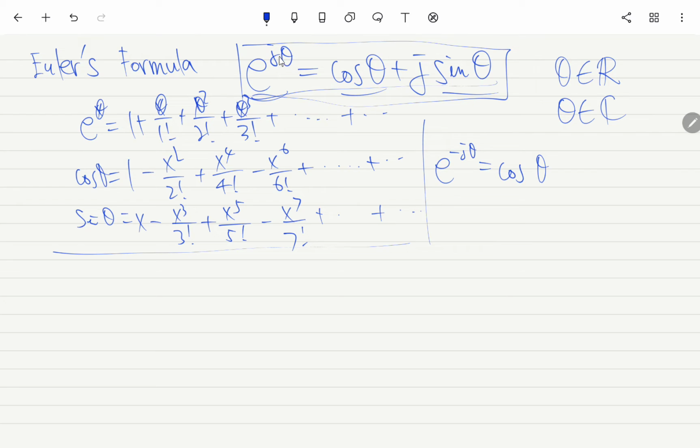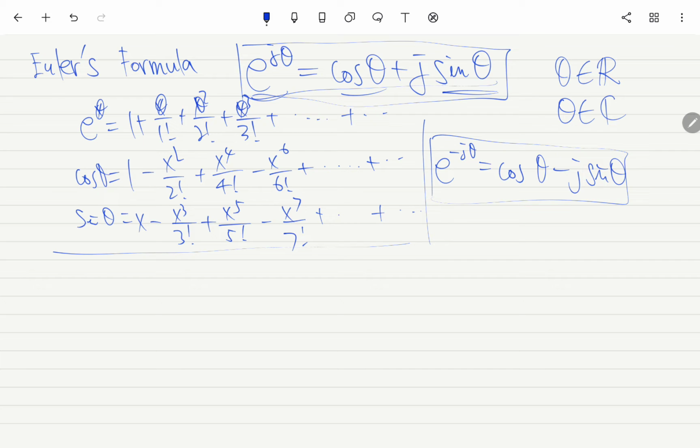Because if you substitute θ to be negative θ, cosine of negative θ is cosine of θ. Cosine is an even function, so cosine of negative θ equals cosine of θ. But sine of negative θ will be negative sine of θ. So this is a variation of Euler's formula.